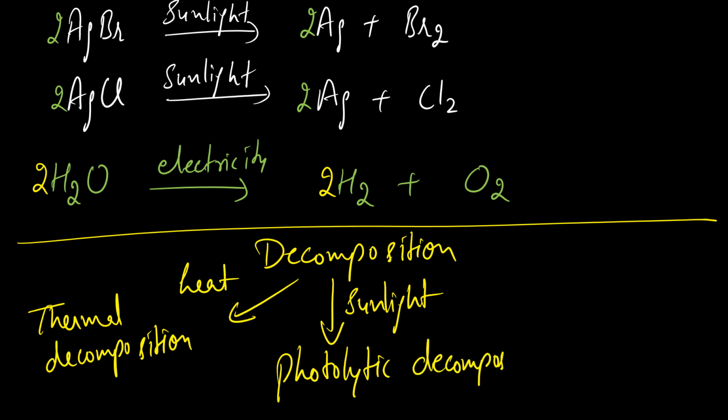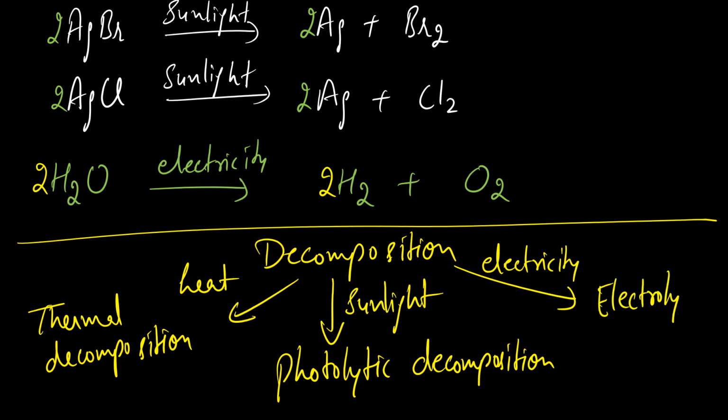And if you see the last one that we did, when decomposition takes place with the help of electric energy, or you may say with the help of electricity, this is known as electrolytic decomposition reactions. So these are further classifications of decomposition reaction.